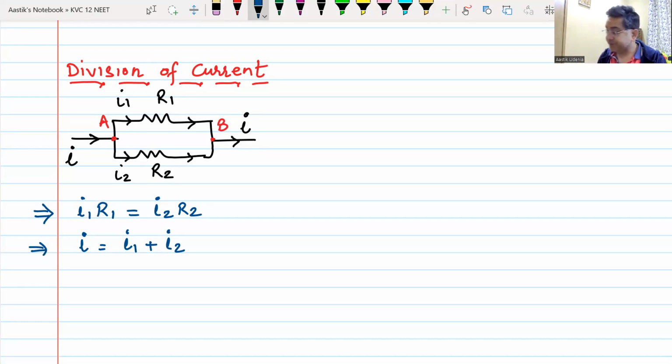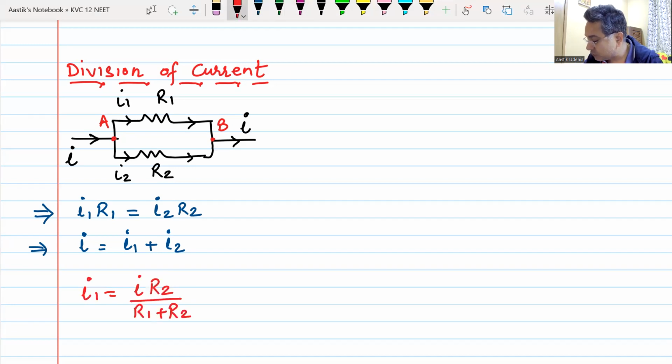Now if you put both these conditions together, you will get the value of I1 and I2 in terms of I. You will get I1 will be equal to I into R2 divided by R1 plus R2.